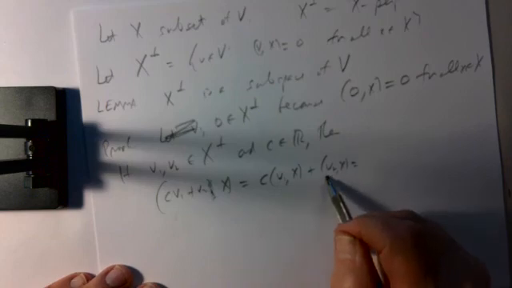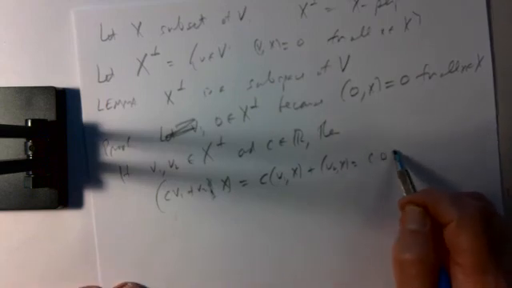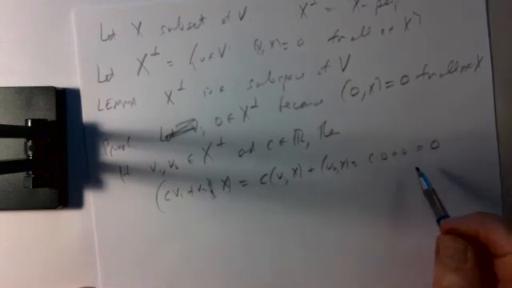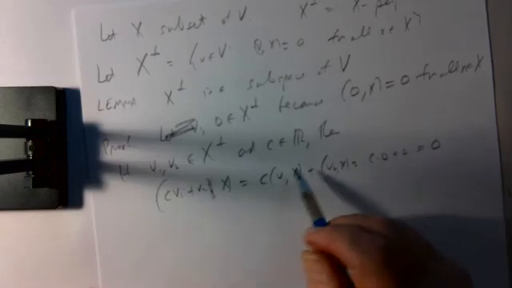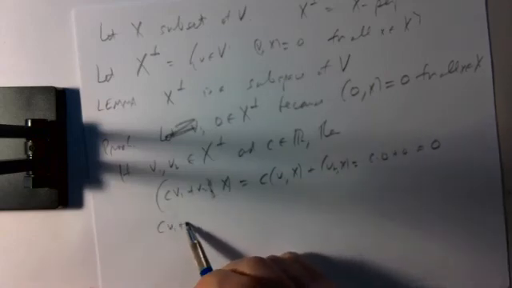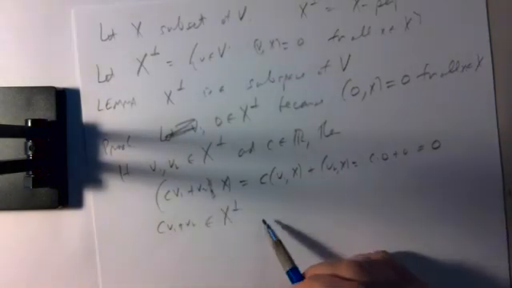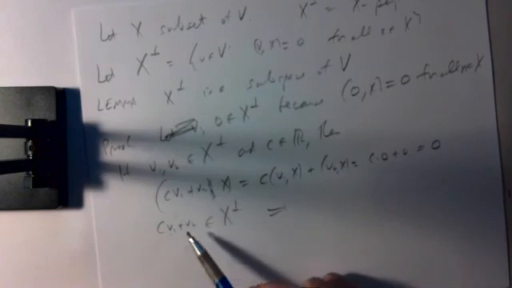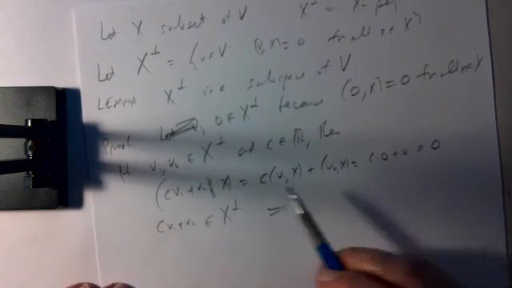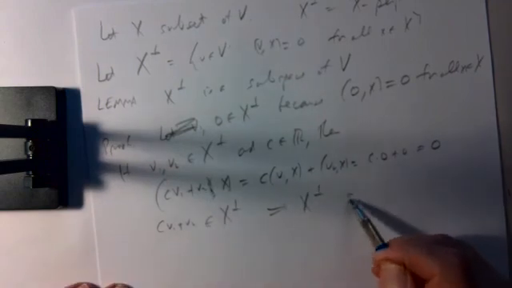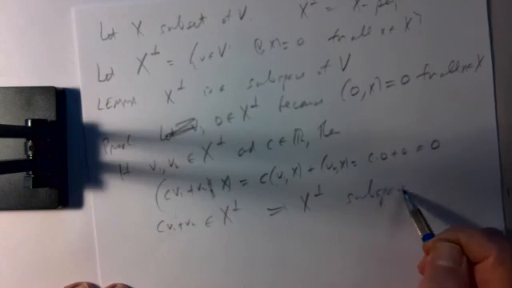But v1 and v2 are perpendicular to x, so this is c times 0 plus 0, which is 0. So c v1 plus v2 is in X perp, for any vectors v1 and v2 in X perp and any scalar c. So X perp is a subspace.